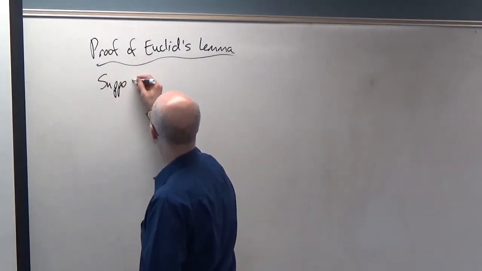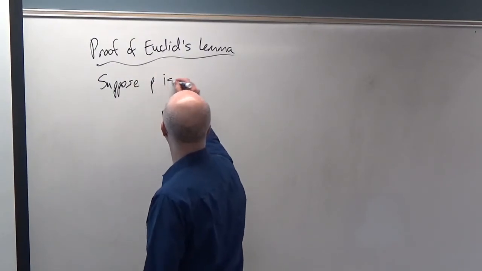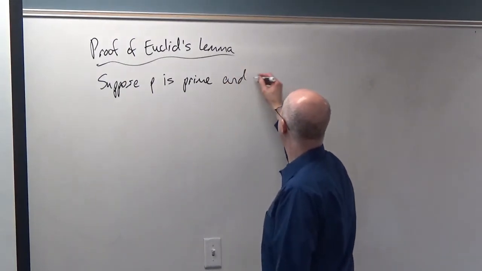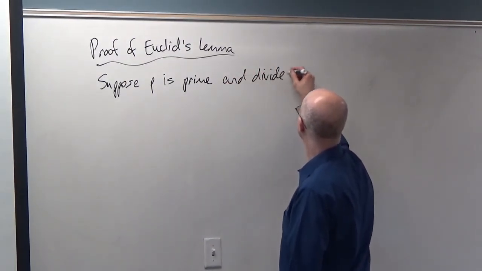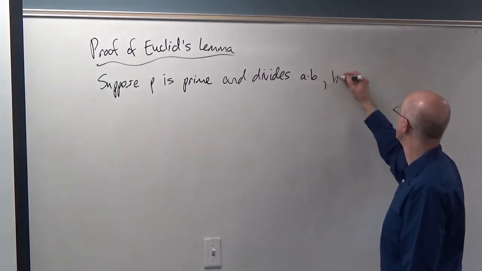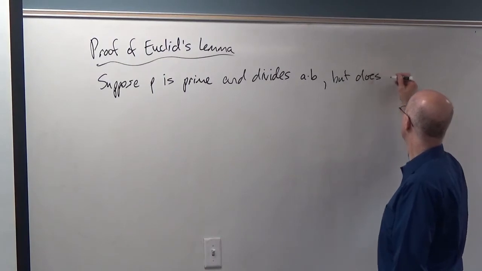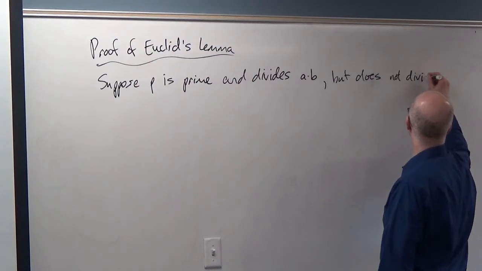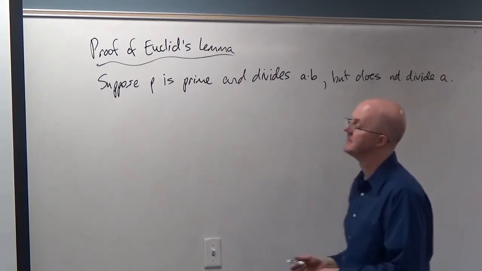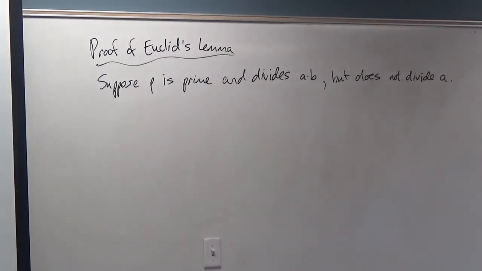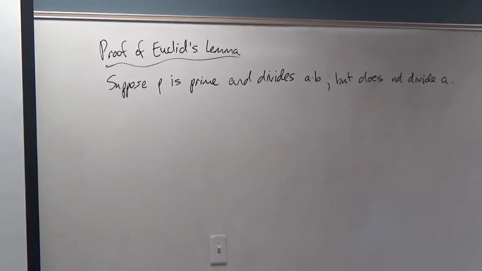So set it up. Suppose P is prime and divides A times B, but let's say it does not divide A. The goal is ultimately to show it divides either A or B. To show that one thing or the other is true, it is okay to use the technique of assuming one of them is not true and showing that the other one must follow.